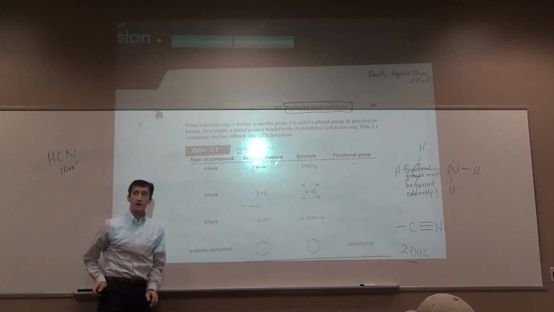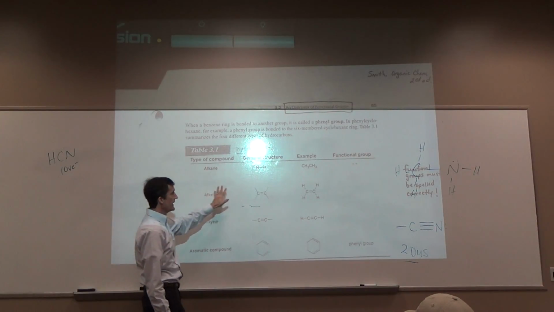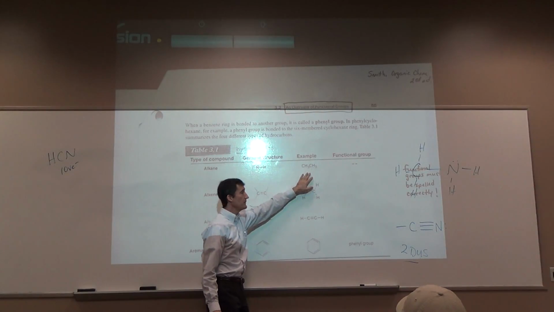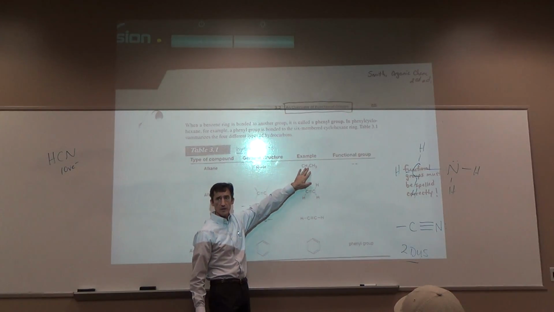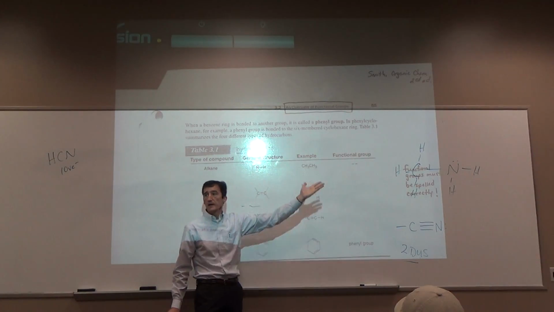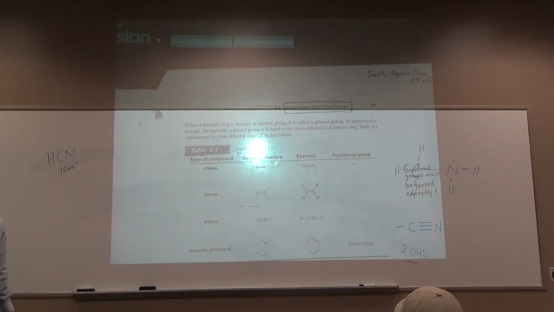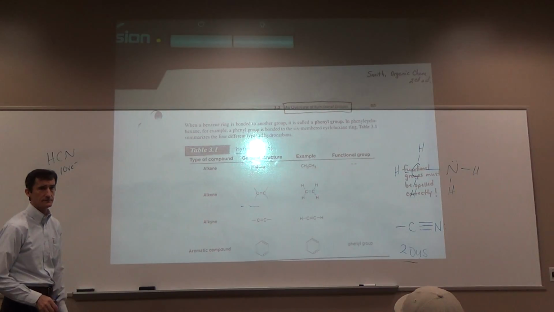That is just compounds with hydrogen and carbon, no heteroatoms. An alkane is going to be all saturated. Okay, you're not going to find any pi bonds. That's just ethane, octane, propane in your gas grill. It's just saturated CH compound, all single bonds.